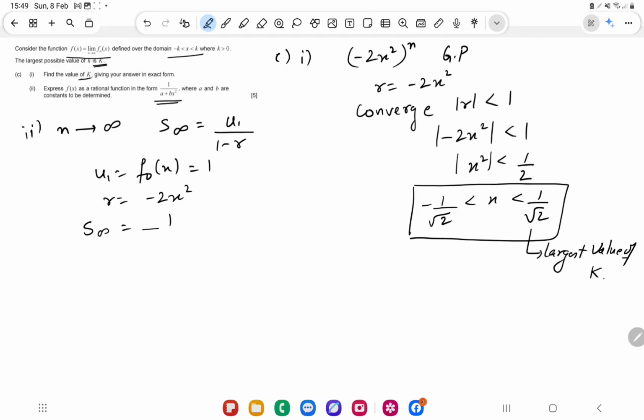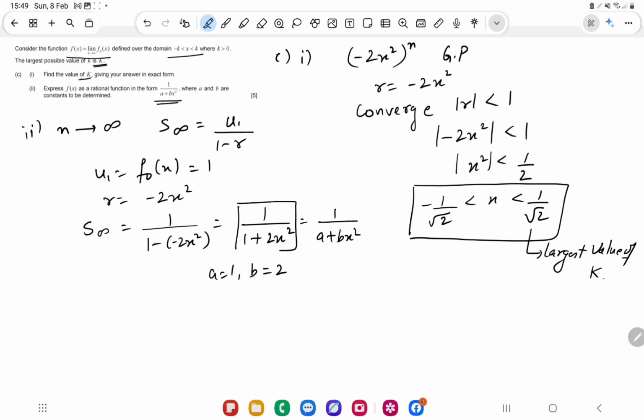So f infinity will become 1 upon 1 minus (minus 2x square), which is 1 upon 1 plus 2x square. Now if I compare this with the question, which is a plus bx square, I can say that a is 1 and b is 2.